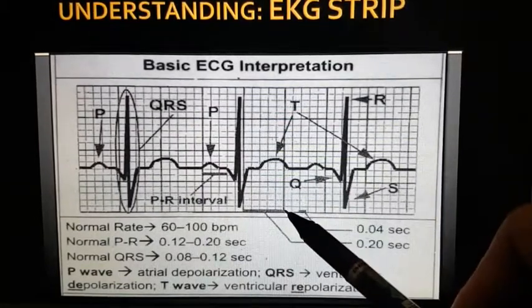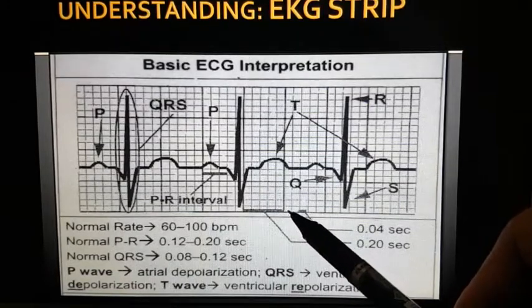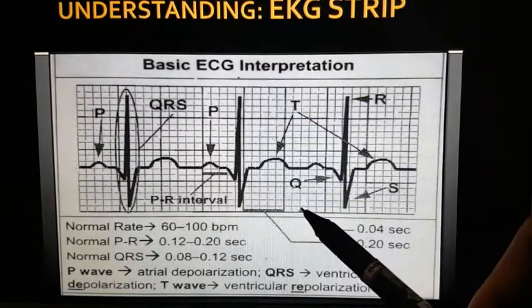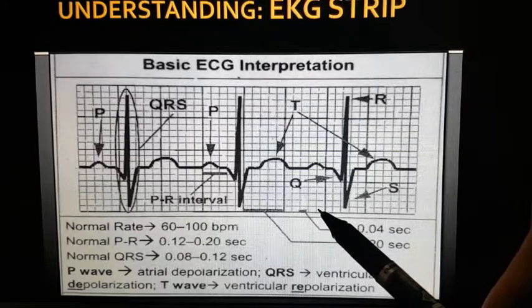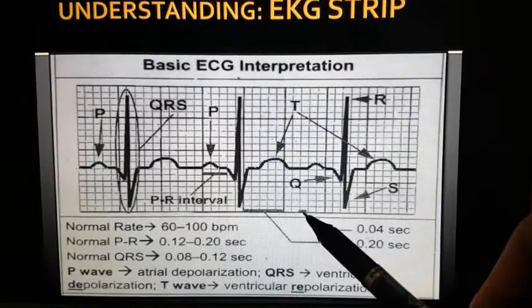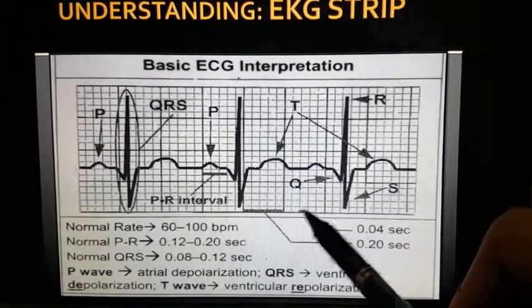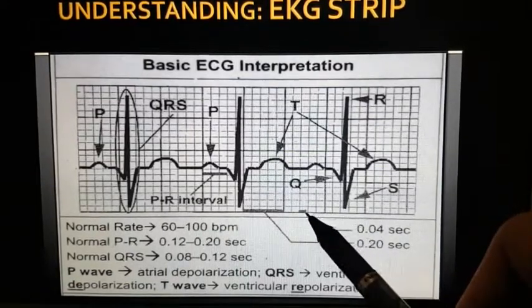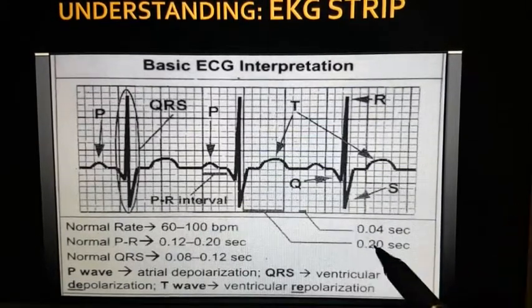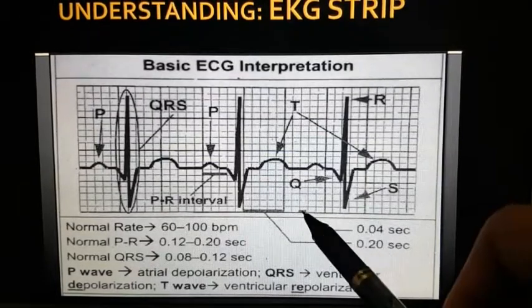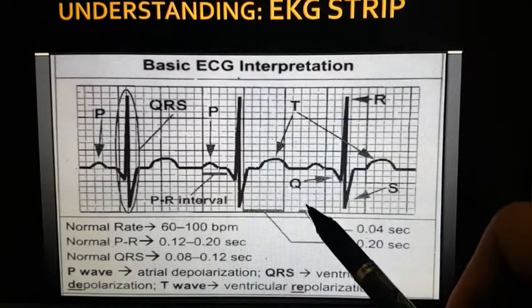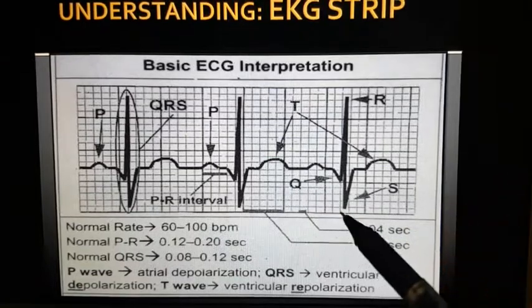Remember, one big box has 5 small boxes. Look, 1, 2, 3, 4, 5. Therefore, 0.04 times 5, the product is 0.20 second. That is why one small box is 0.04 second, one big box is 0.20 second.